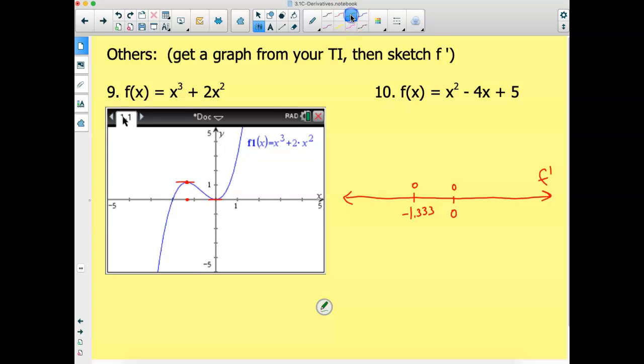Well, furthermore, we could see to the left of the first flat, our function is increasing, which meant our derivative is positive. And between our flattenings, between our max and min, we were decreasing, which meant our derivative is going to be negative. And then from x equals 0 and on, we increased again, which meant my derivative was positive.